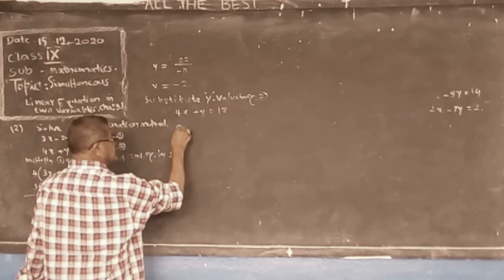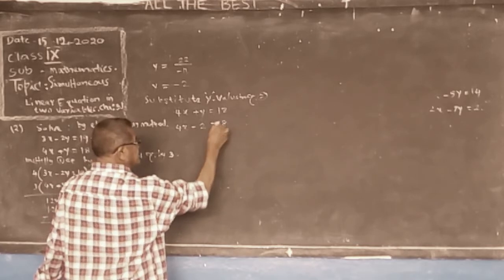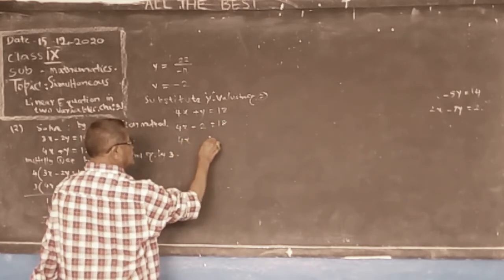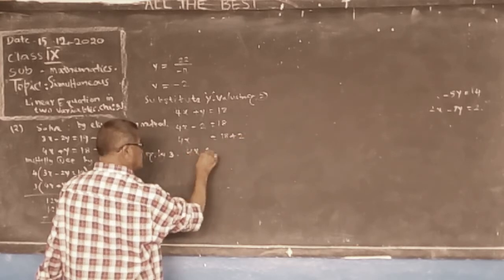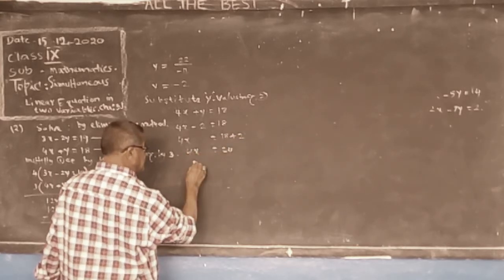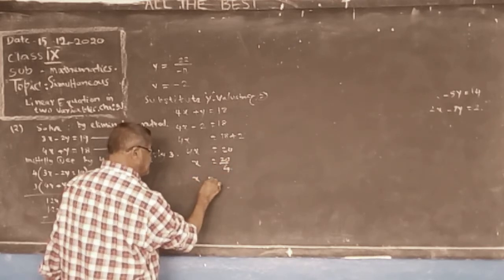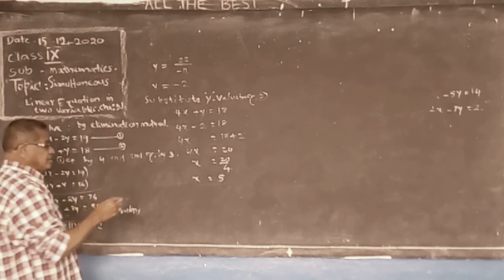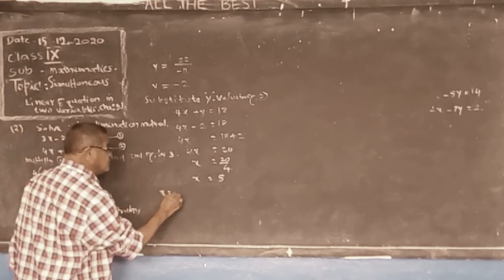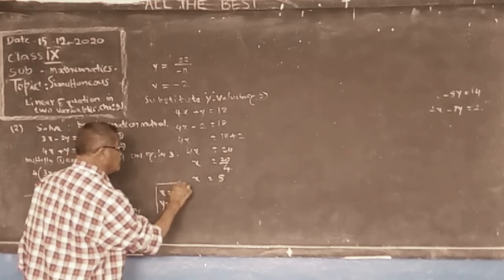The y value is minus 2. 4x is equal to 18 plus 2. 4x is equal to 20. x is equal to 20 by 4. x is equal to 5. So the values we get are x is equal to 5 and y is equal to minus 2.